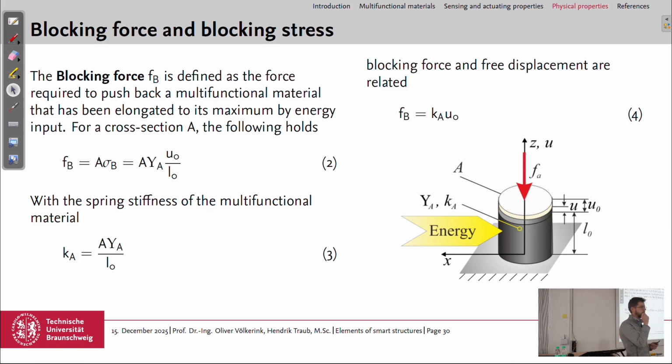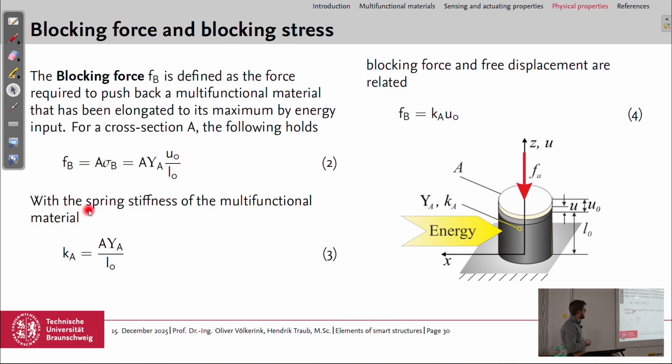Yeah, so the epsilon, you mean? So the blocking force, you can also say that the blocking force is the cross section A times the blocking stress sigma B, and here sigma B you can also state as epsilon A, which is now our Young's modulus in this lecture because E is the electric field, and you have then the strain U0 divided by L0.